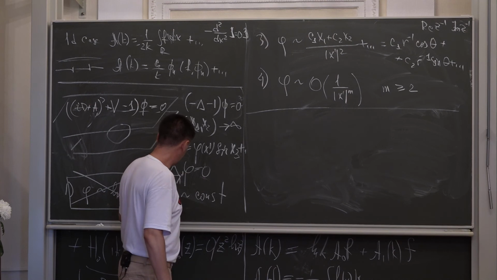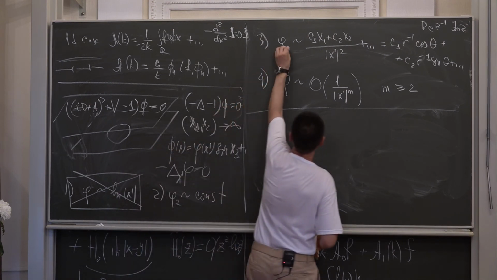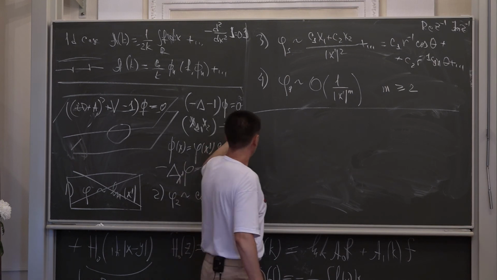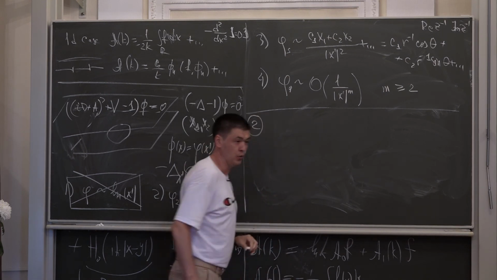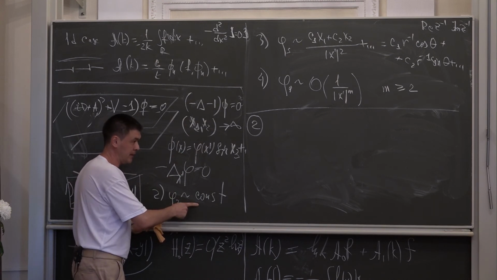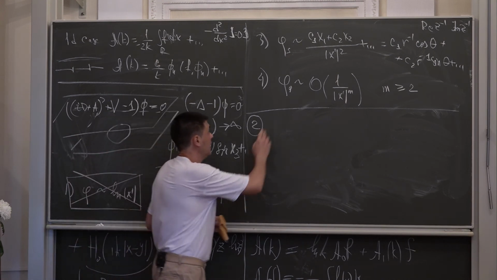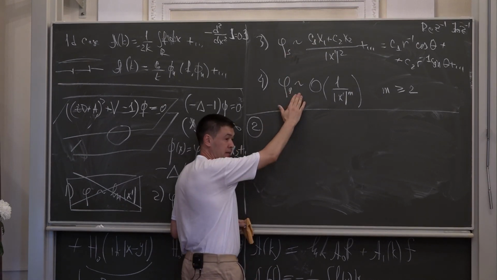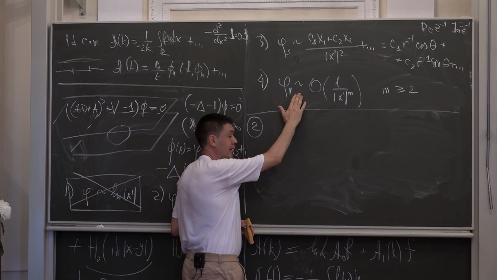So let me write here phi2, here phi3, here phi4. And it turns out that in case 2, it's also possible that we can have, for instance, one solution of such form, up to 2 solutions of such form, and finitely many eigenfunctions. We cannot have infinitely many eigenfunctions.